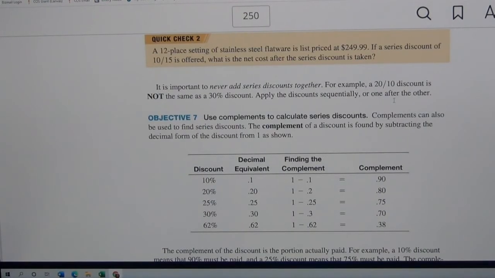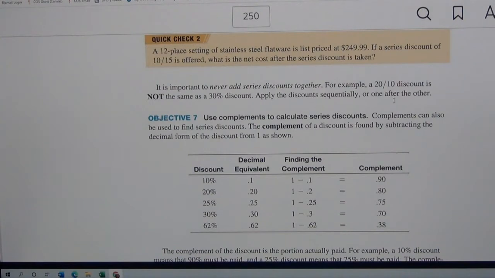Now, in some cases, we can use what is referred to as the complement to compute the discount. Some people may find that a little simpler than running through all these discounts and computing them over and over again. We're always trying to simplify things.